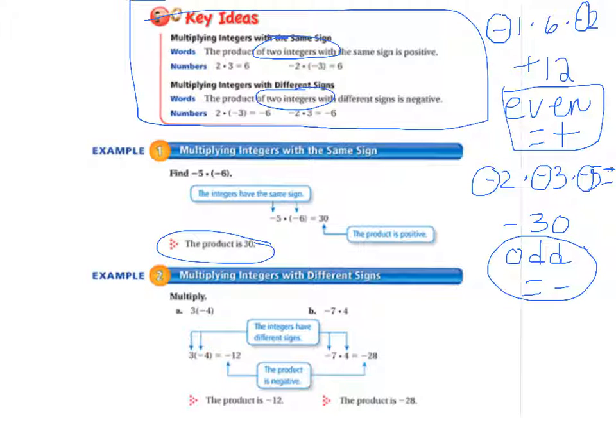Example 2, different signs when there are two of them. 3 times -4 equals -12, so the product is negative. So here we have one negative sign. So -7 times +4 equals -28.